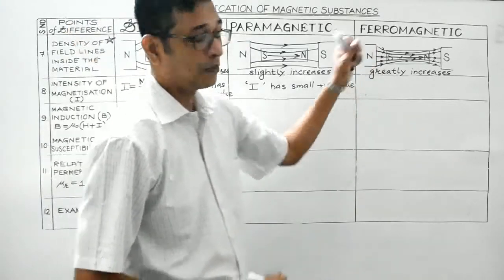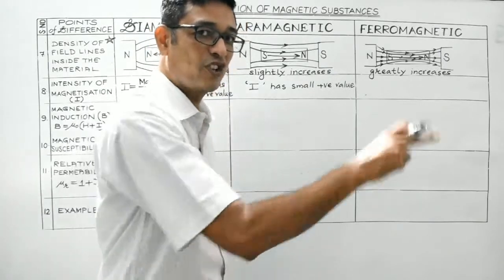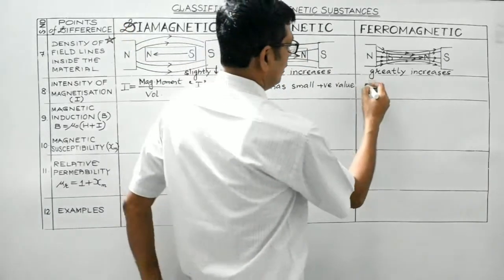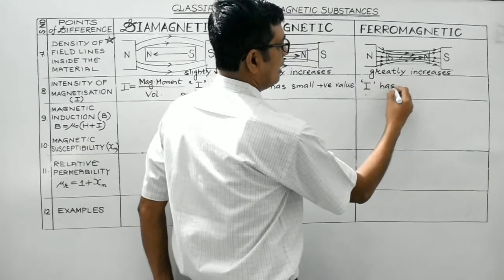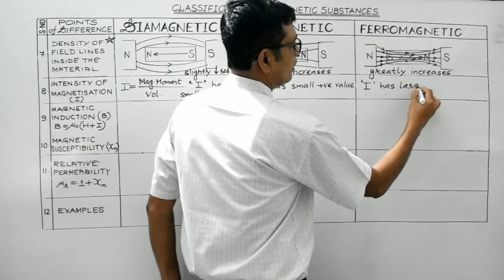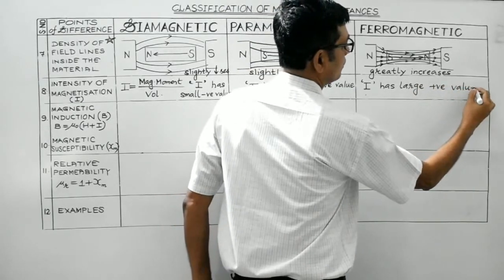Understood? What about this case then? It gets strongly magnetized, and that too along the direction of the external magnetic field. So the intensity of magnetization of a ferromagnetic material has large positive value. Right?